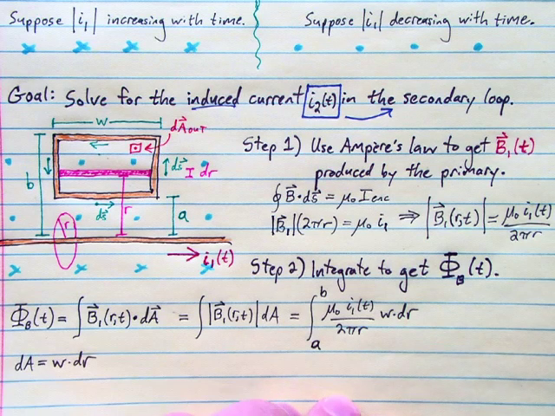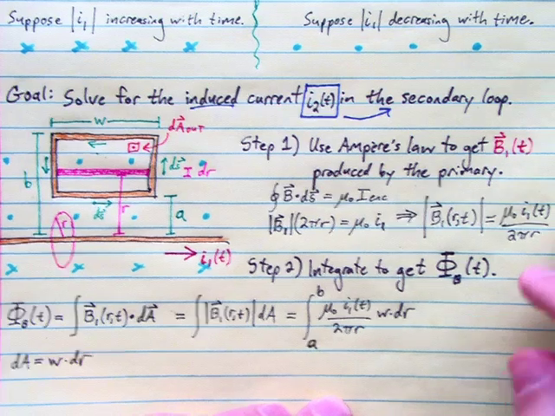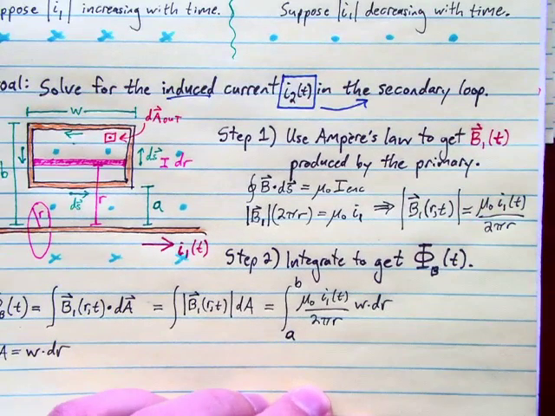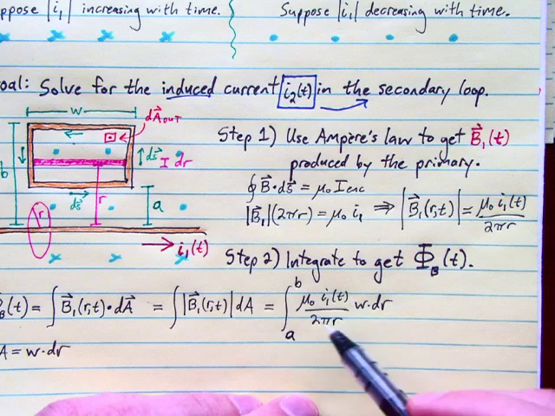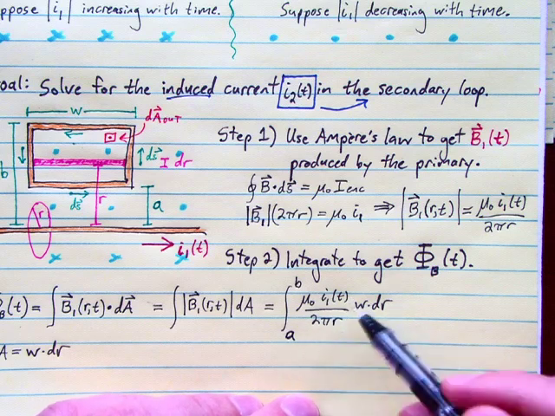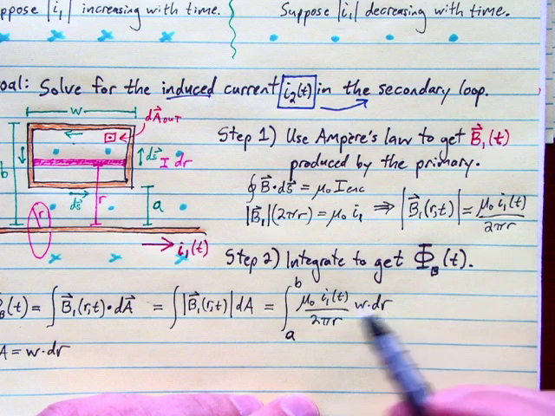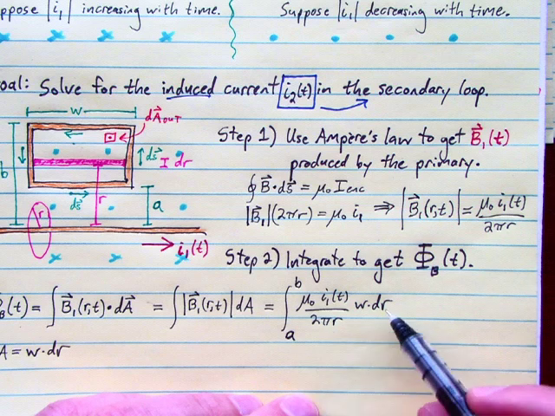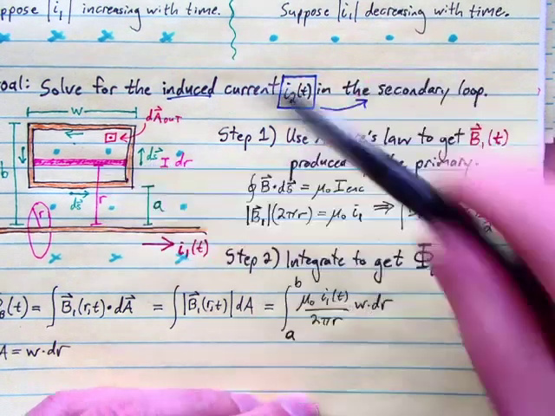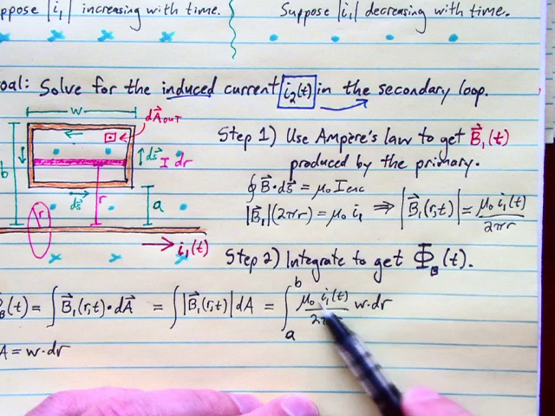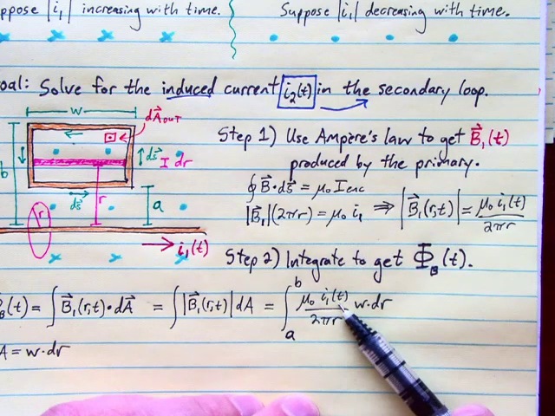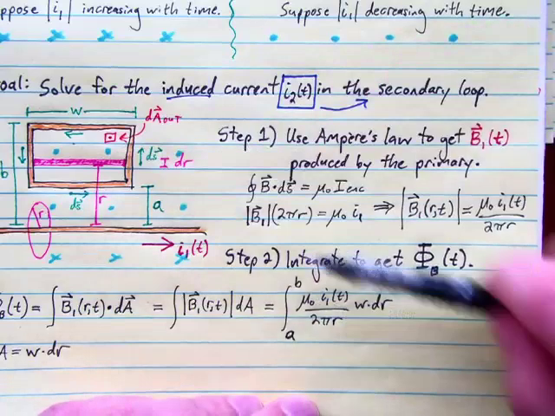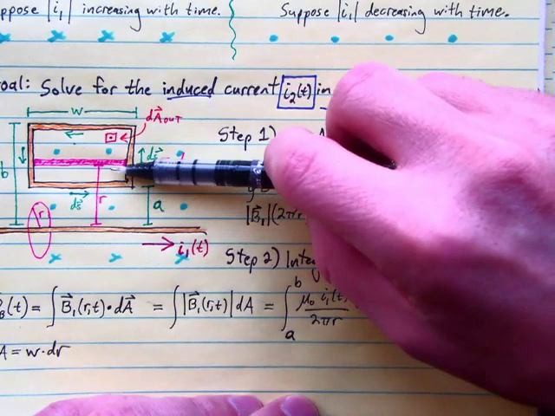Now, let's pull out our constants. So what are our constants here? What are the things that do not depend on the value of little r? Mu naught, 2 pi, W, none of those depend on our distance from the wire, but also I1 as a function of time. At some given time, I1 has the same value for every one of these strips here.